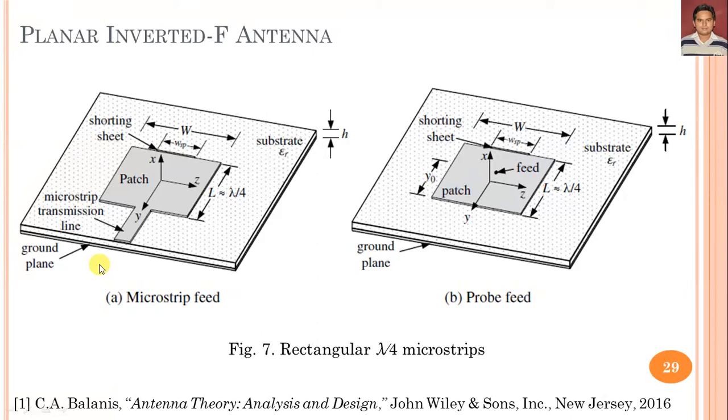As we have discussed in the microstrip antenna series about the microstrip patch antenna, we take one ground plane, then a substrate, and then the radiating element along with the feed line. The radiating element and feed line are in the same plane.